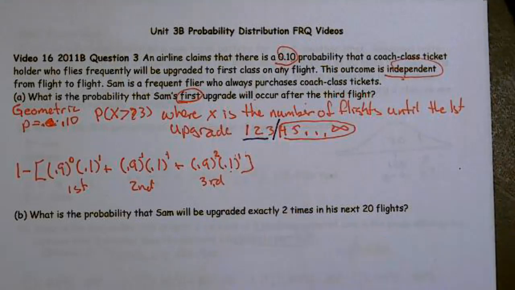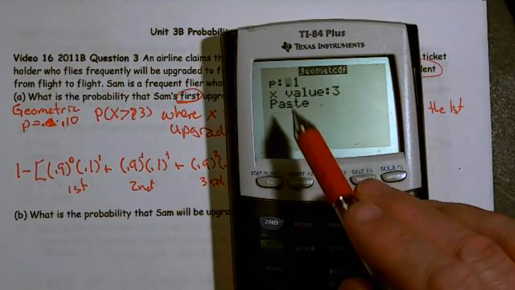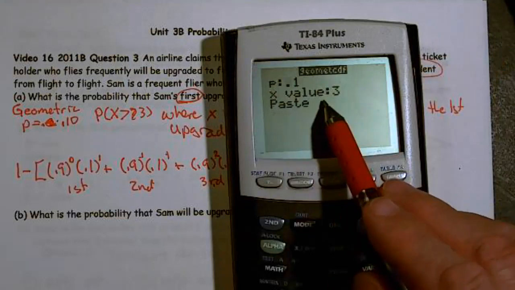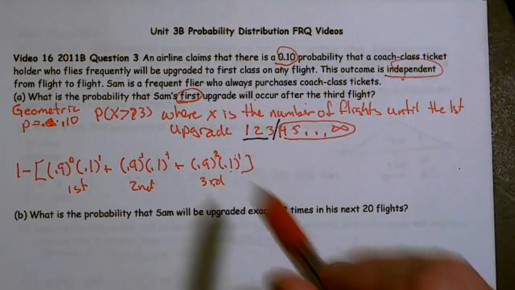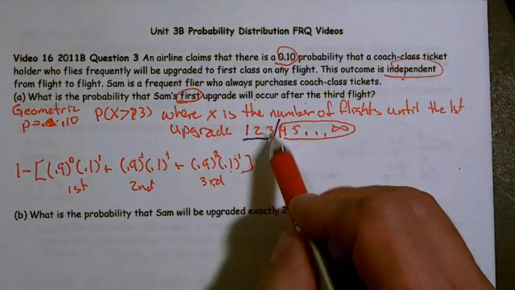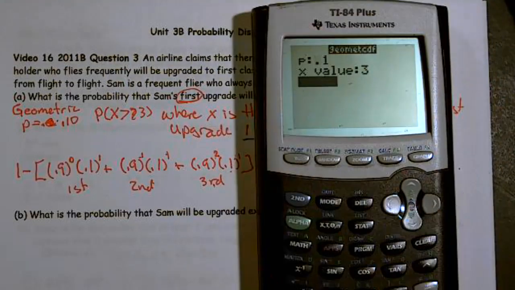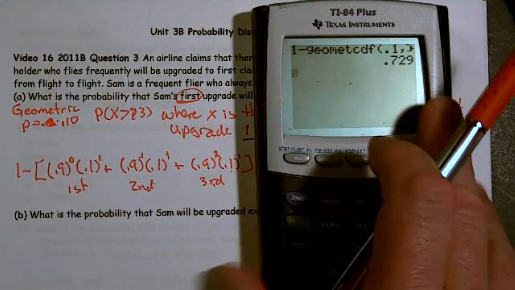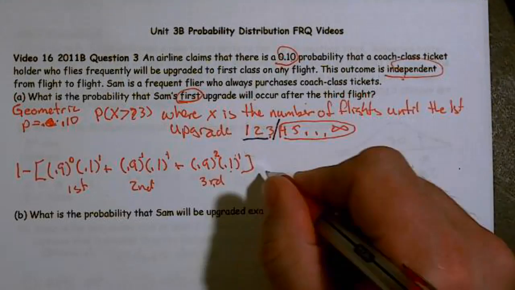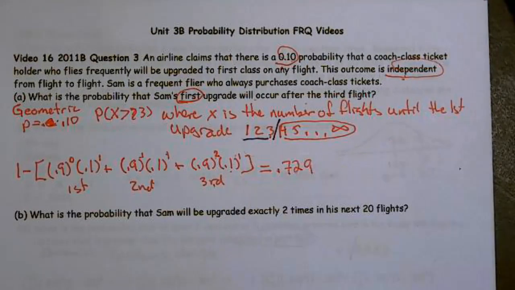Anytime you have more than one value, it's a CDF. Press enter. Our probability is 0.1. Our X value is 3. Why is it 3? It's because that's the largest value we were subtracting out. So you always use the largest value you're subtracting out. And we get 0.729. If you had all of this, you would have gotten full credit, or an E, for this part of the question.